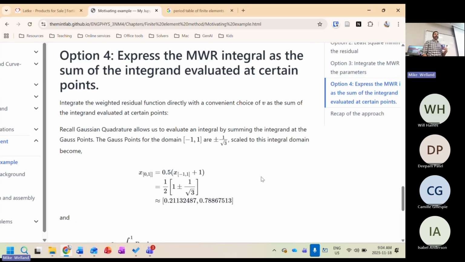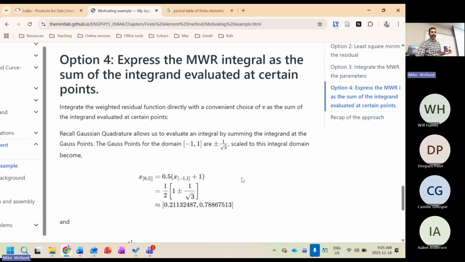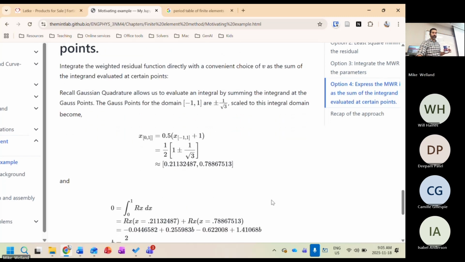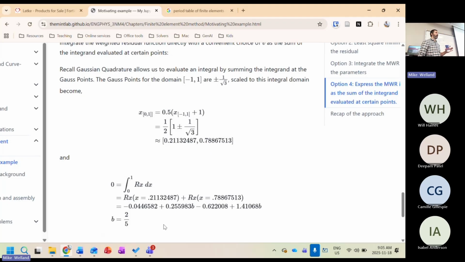With a convenient choice of v, recalling that we would have to do the coordinate transformation and then evaluate that line at those 2 magic points, this is the answer that we get. You plug it in and we recover b is equal to 2 over 5, which is what we calculated before.